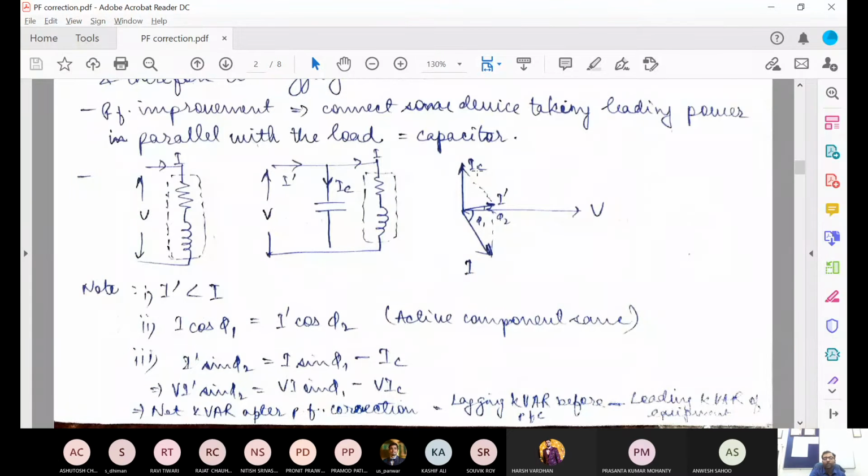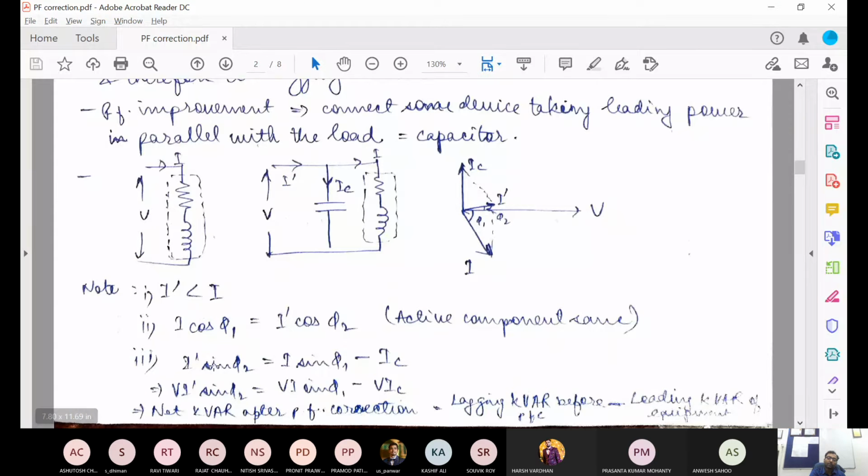IC here turns out to be more than the Y component of your original current I. So because IC is more, that's why the overall current still remains capacitive in nature.